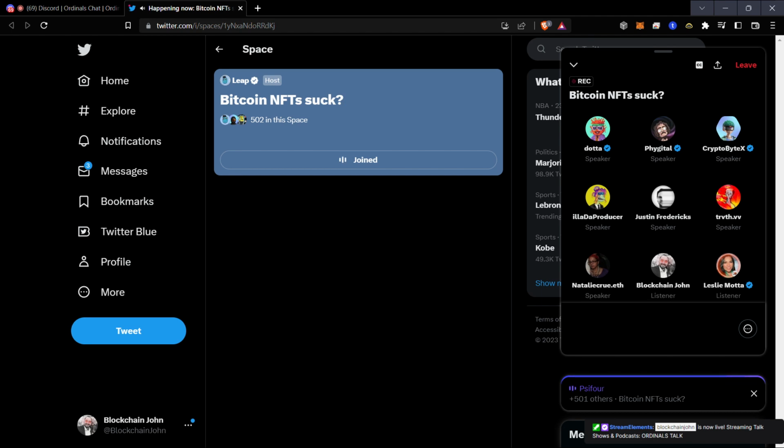Right now, the barrier to entry with ordinals and inscription is that you need to be running a full node. That, in effect, means that people have to learn the basics and the bare minimum before they can even engage with this. They can't just go on crypto.com, buy some ETH, buy a crypto punk, and then lose it out the window in 30 seconds.